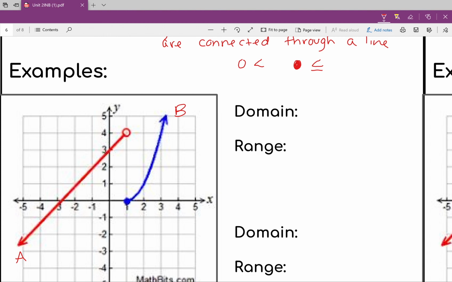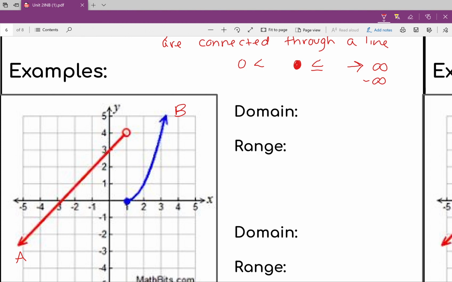And lastly, when we see an arrow, this tells us that it's going to infinity, the positive direction, or negative infinity, the negative direction. Let's keep that in mind when we're looking at the graph on A.